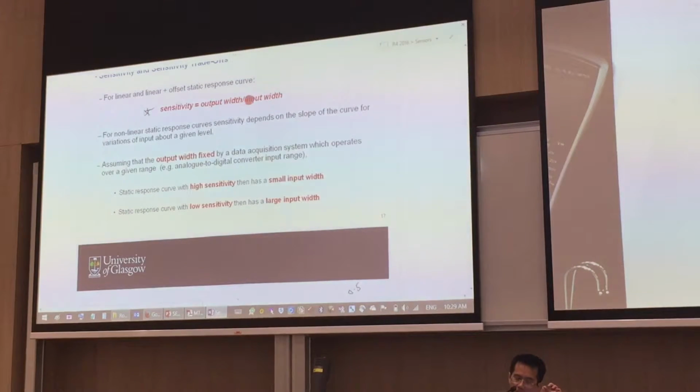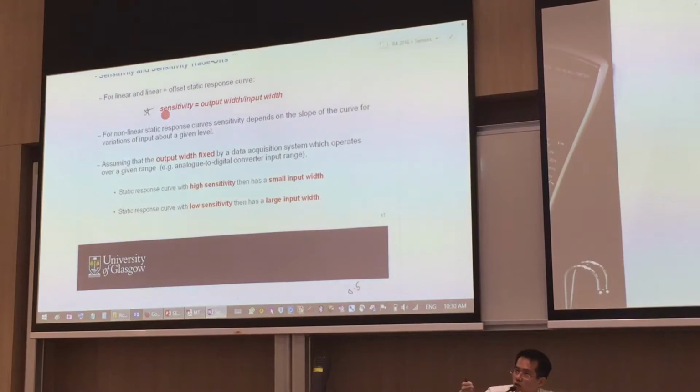Is it output width or input width? Input width. Right. It's only with a small denominator that your sensitivity will be very high. So now if you step back and think about it, I have input and then output. If the amount of input that I want to put in is just very little and corresponds to a lot of output, that means my instrument is quite sensitive.